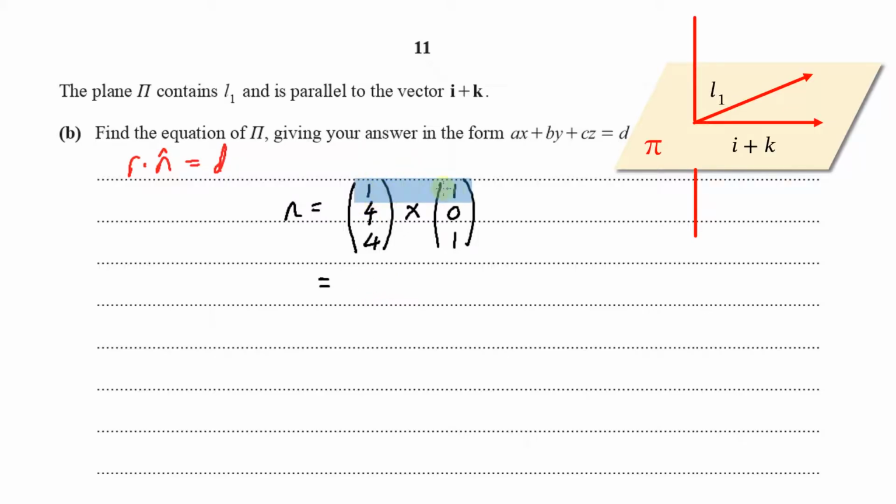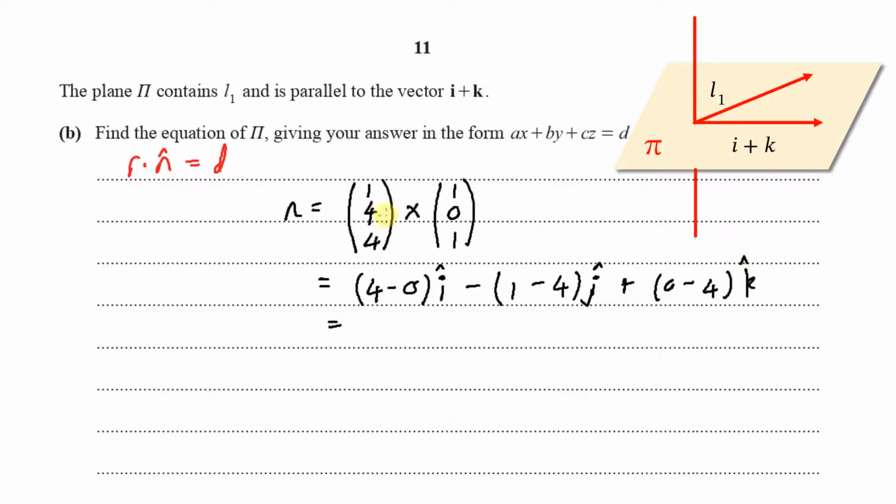So here I'll close the top elements, so that will be 4 times 1, that's 4, minus 4 times 0, that's 0, and that's i. And that's minus, I'll close the middle ones, so that's 1 times 1, which is 1, minus 4 times 1, which is 4, and that's j, and that's plus, closing the bottom ones, I'll have 1 times 0, that's 0, minus 4 times 1, which is 4, and that's k.